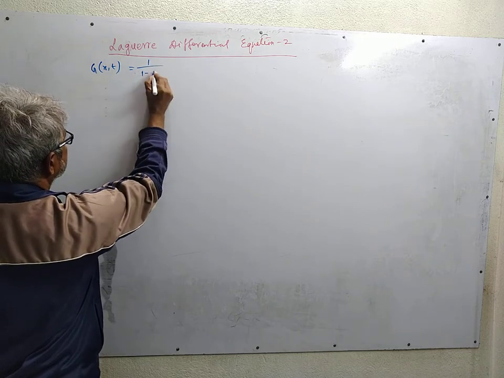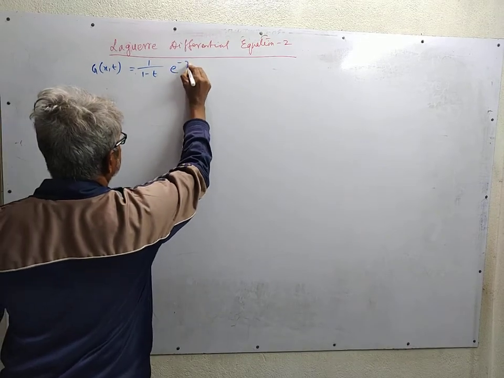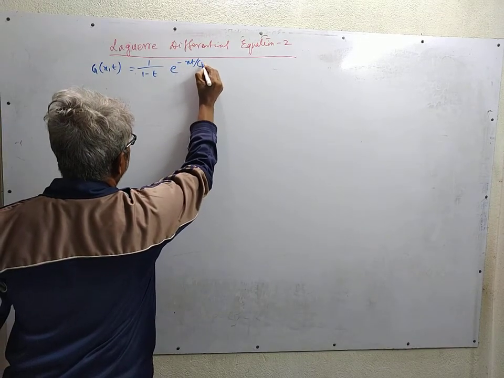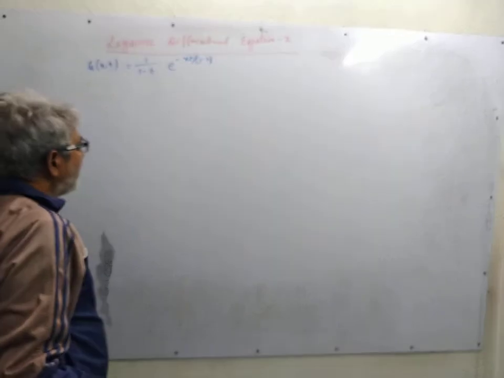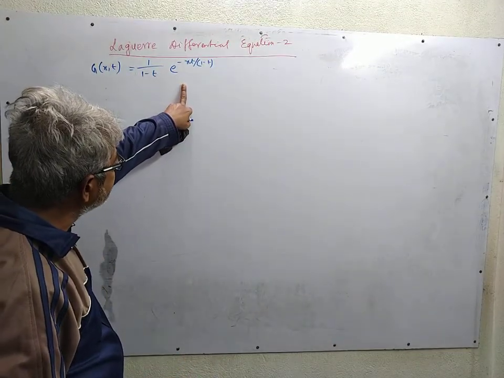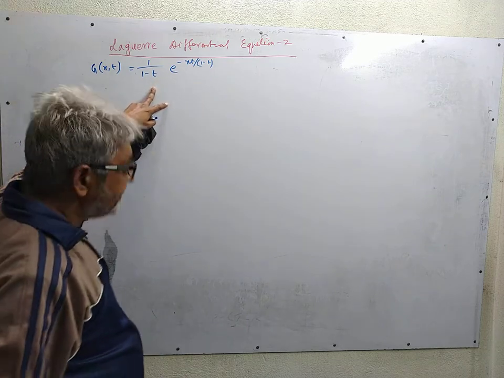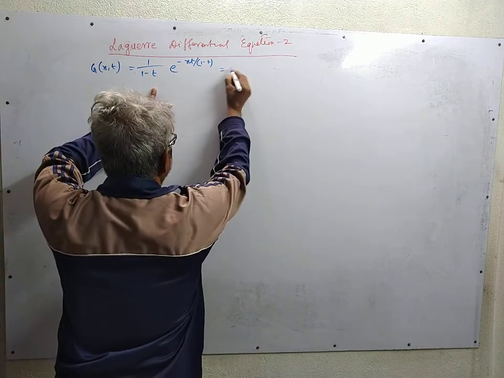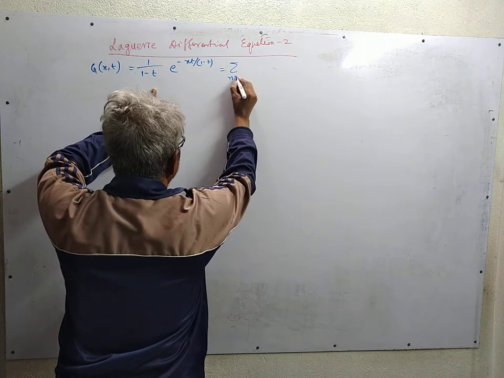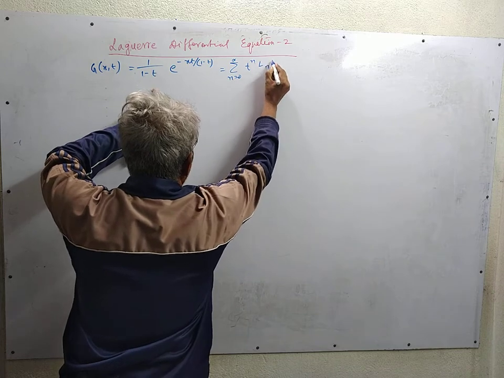Here the known function is e to the power minus xt by 1 minus t, divided by 1 minus t, as a convergent infinite series in t. For convergence, t must be less than 1, and this can be shown to be equal to summation of t to the power n L_n of x.